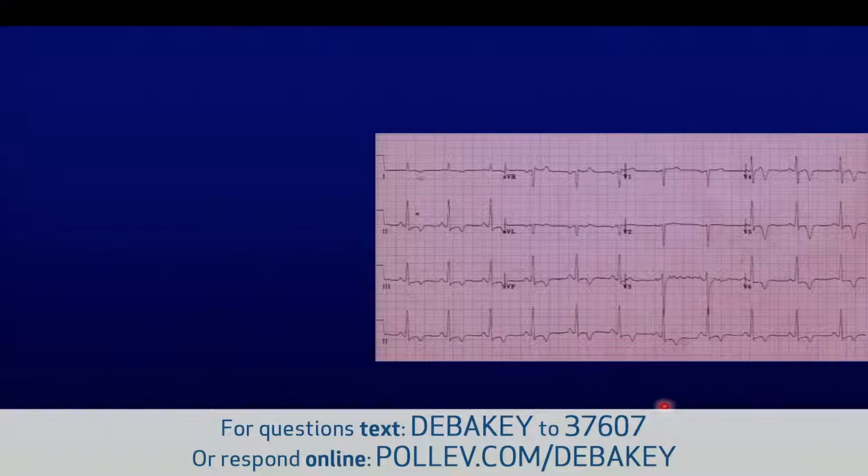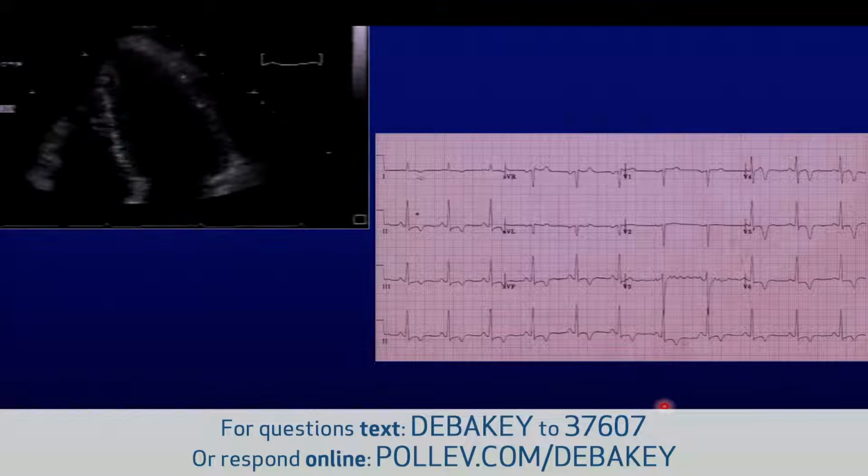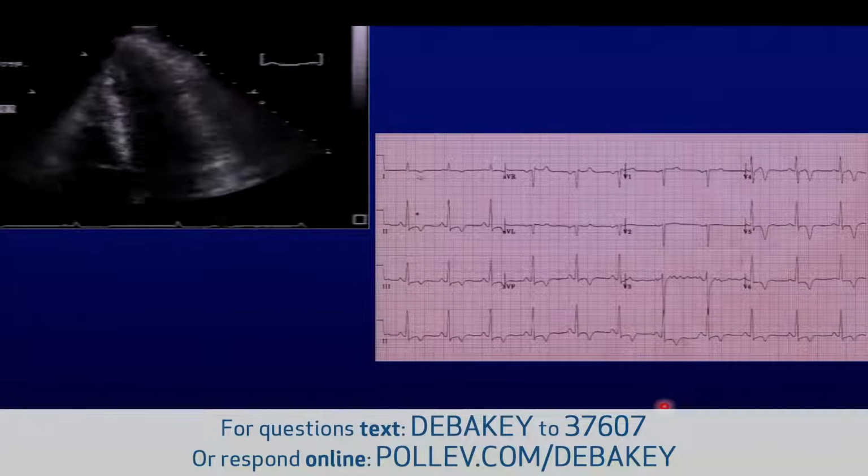This is a case. Actually, we were doing a live demonstration a few years ago at the Heart House. A patient came in the night before with chest pain. So ischemic, non-ischemic, can't tell. Certainly a very abnormal electrocardiogram.